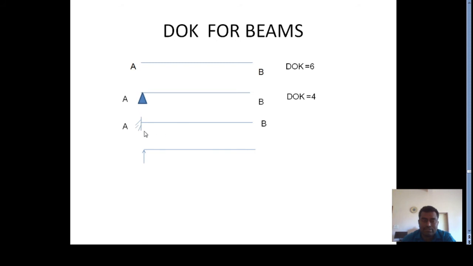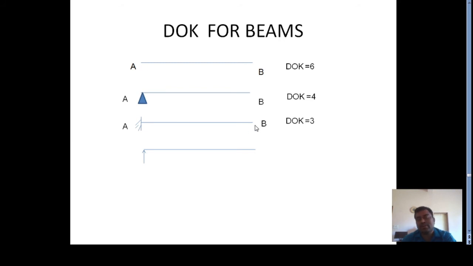Then coming to this support, that is fixed support at A. For this member AB, kinematic indeterminacy means here there is no horizontal, vertical and also movement at M A. Therefore degrees of kinematic is only 3.